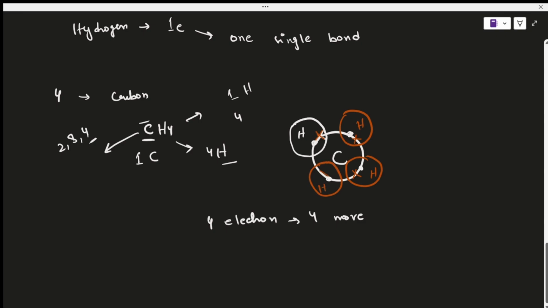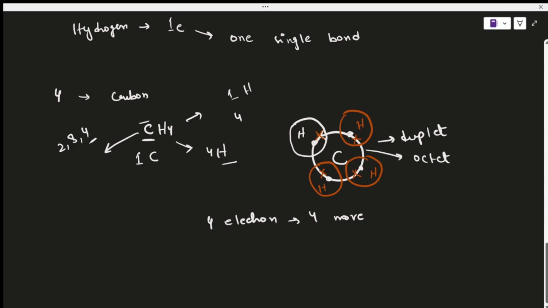Now you see, carbon had 4 in its outer shell, and then the 4 hydrogens bonded. Each of the 4 hydrogens had one single electron to share, and they shared that one electron. By that, each atom of hydrogen achieved its stable configuration of 2 electrons, completing its duplet. So each hydrogen completes its duplet electronic configuration, and carbon completes its octet.